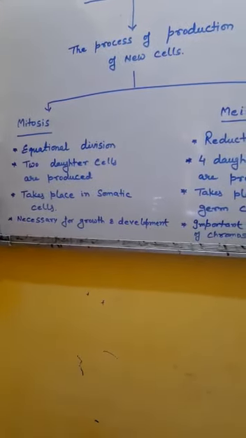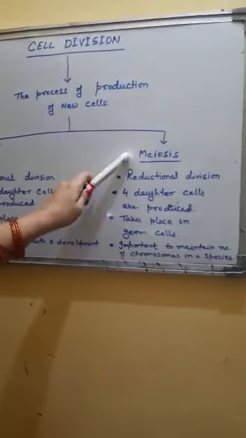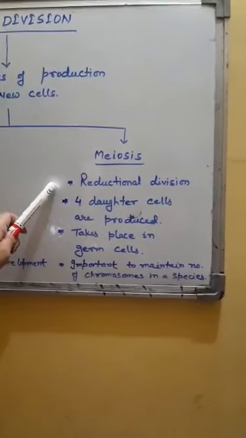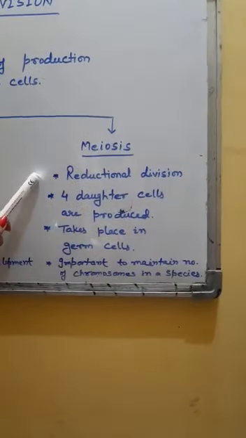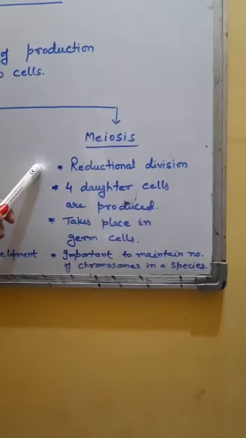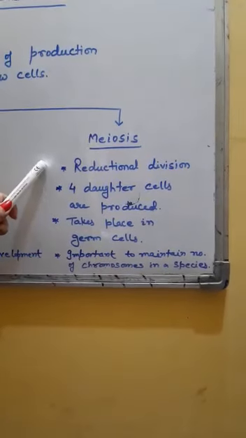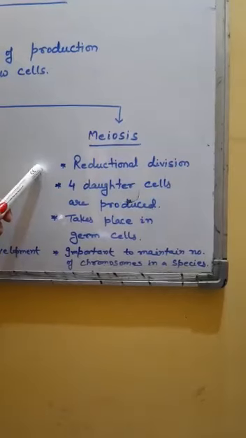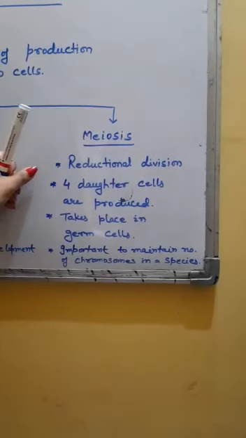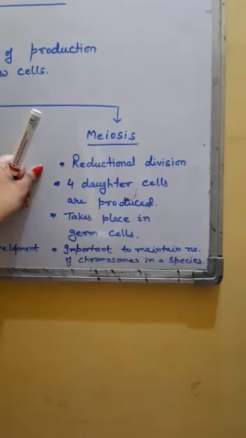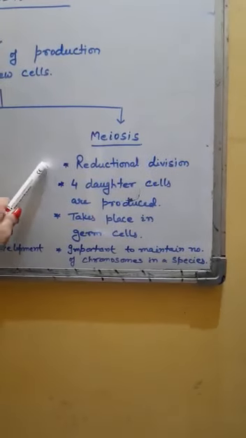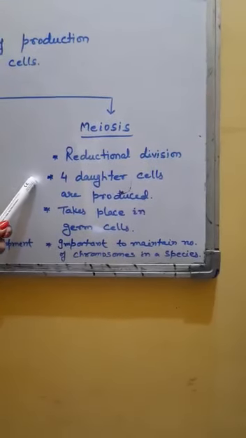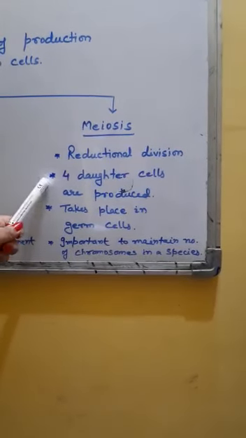The other cell division is called meiosis. This is called reductional cell division. Why is it called so? Because in this case, the number of chromosomes becomes half of the parent. Suppose the parental cell has 4 chromosomes, then the daughter cell will have 2 chromosomes. That's why it is called reductional cell division. Here, 4 daughter cells are produced.